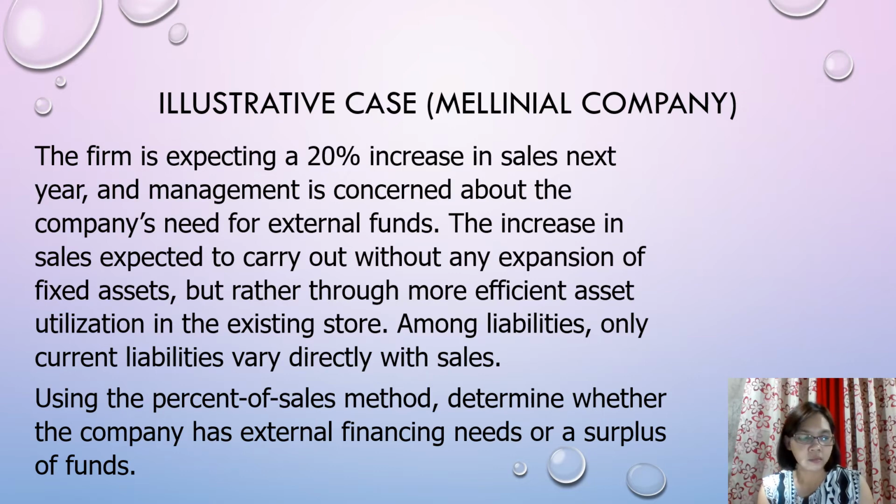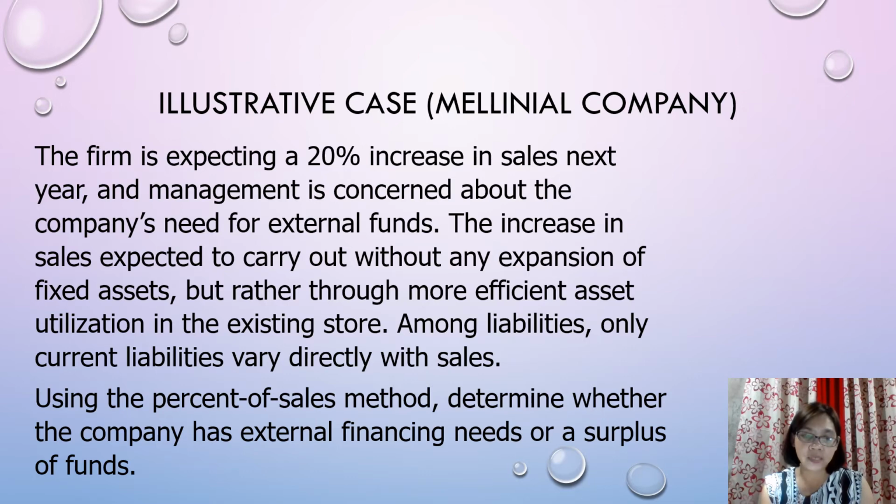And then, the taxes, which is 35%, is 122,500. Yung 122,500 is 35% of 350,000. Yan po yung earnings before taxes. So, yung 350,000, kinuha po yung 35%. Okay?